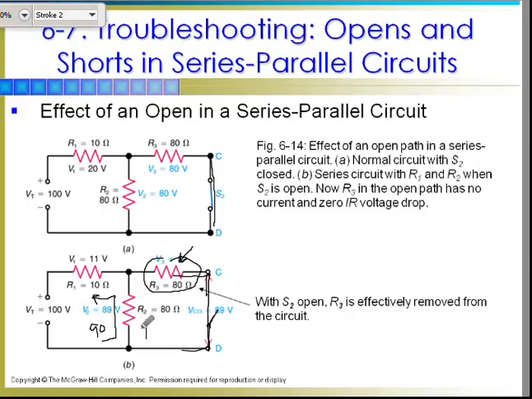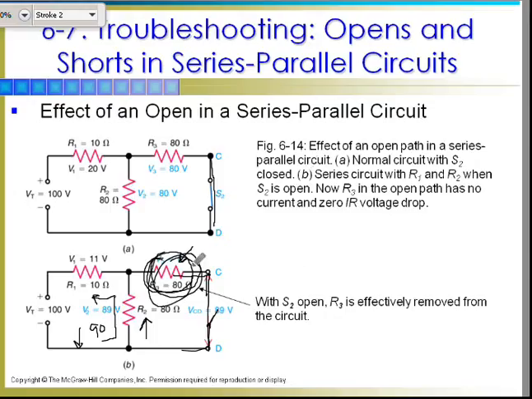So all of a sudden your voltage drop is going to jump up, as well as your current going down because you lost one of your branches of your circuit. So your resistance is going to jump up, your current is going to drop down.